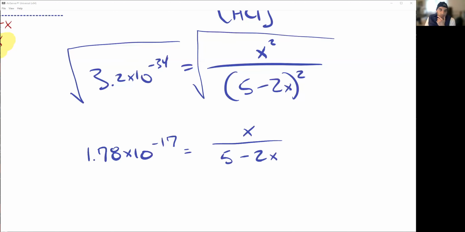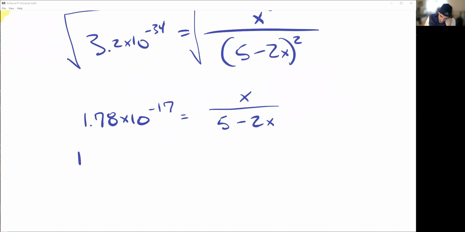I've just basically gotten rid of the square. Okay, and now what? Yeah, so we're simply going to cross multiply. So 1.78, and I'm going to do this the slow way, 1.78 times 5 minus 2x is equal to x.